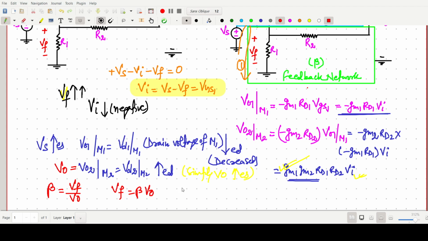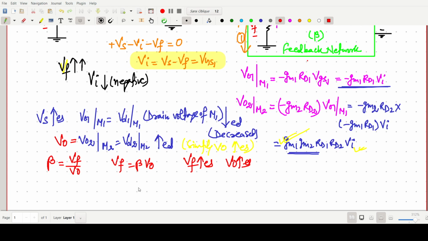Vf will also increase because V naught is going to increase. The input Vi equals Vs minus Vf, so as Vf increases, Vi will go lower as Vs is fixed.